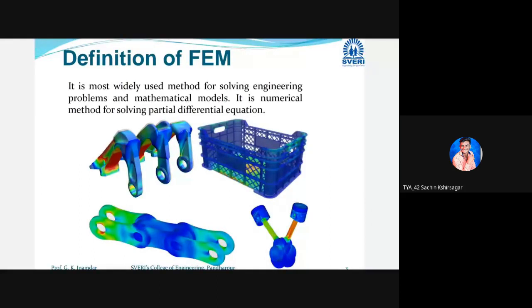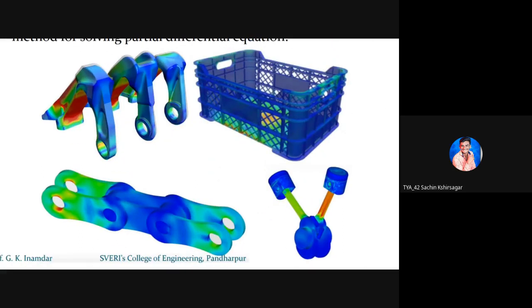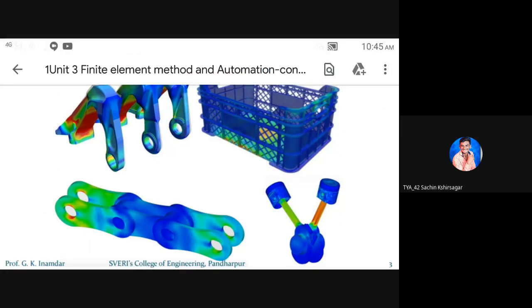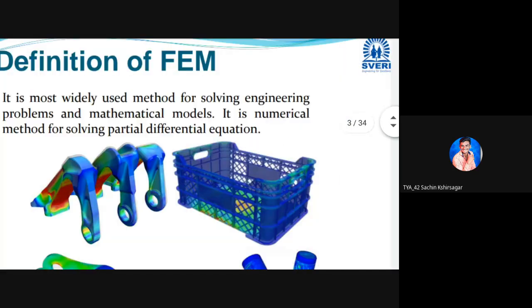Suppose in the same image different types of material are used: first, metals; second, non-metals, such as plastic and fiber; wood also, a wooden part is also there. The analysis of all these parts and materials we can manipulate by using the ANSYS software. So this is the definition of FEM.